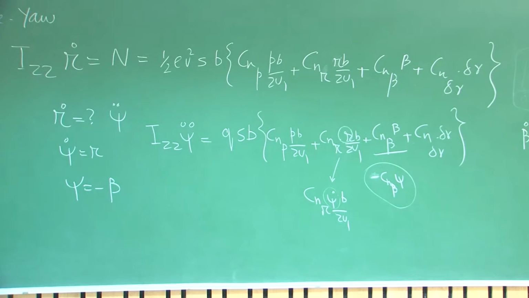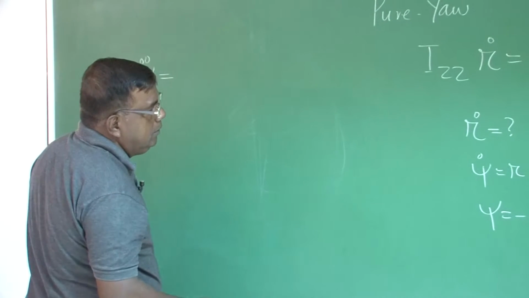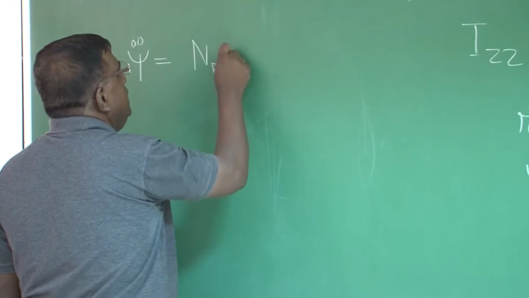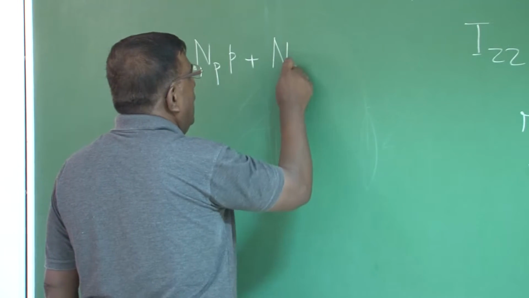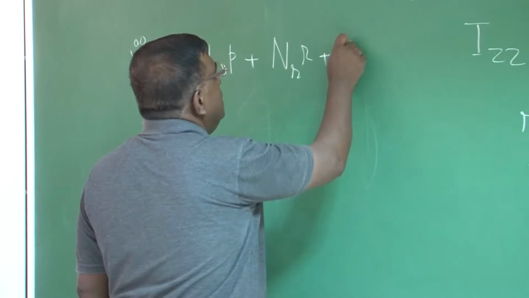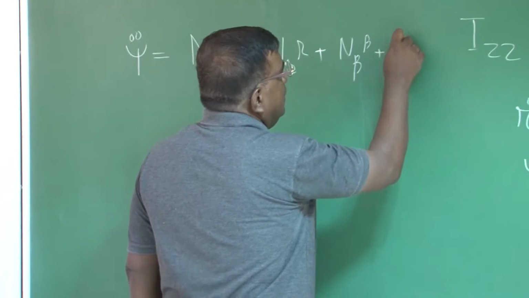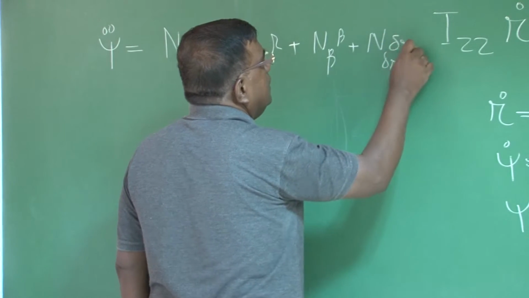Very simple. So finally, the equation takes the form psi double dot equal to Np into p plus Nr into r plus N beta into beta plus N delta r into delta r.